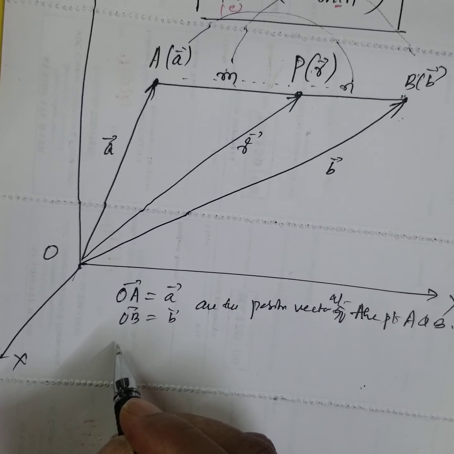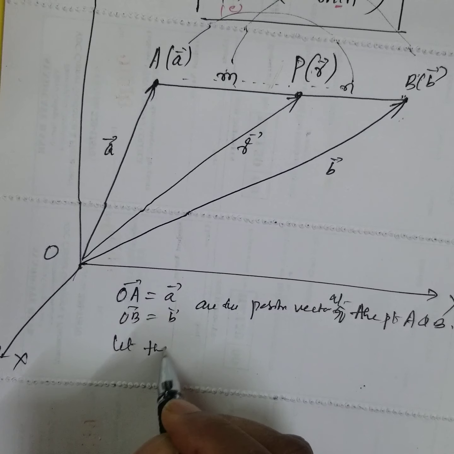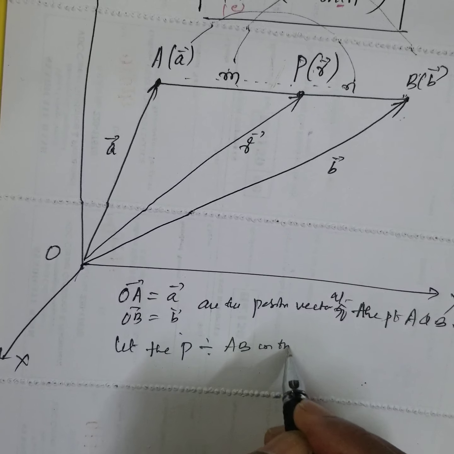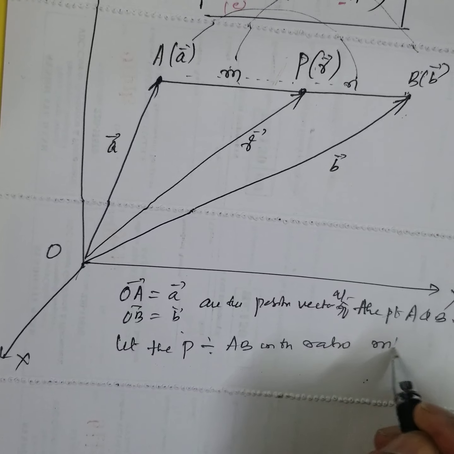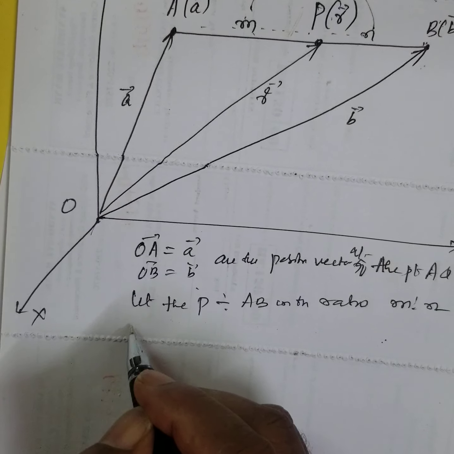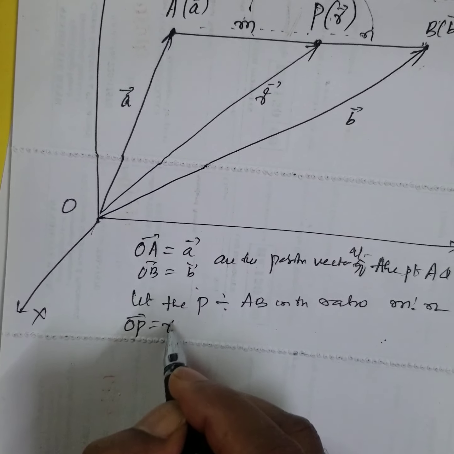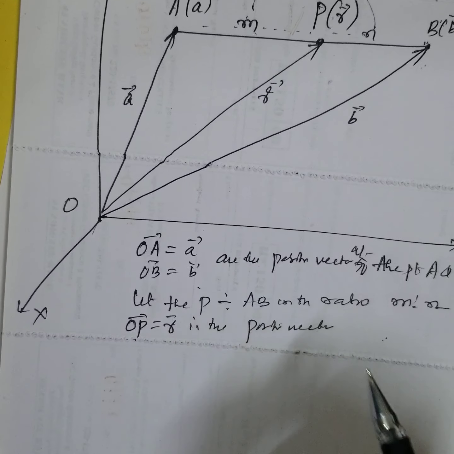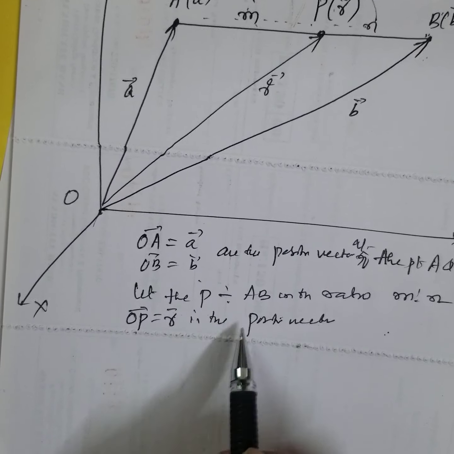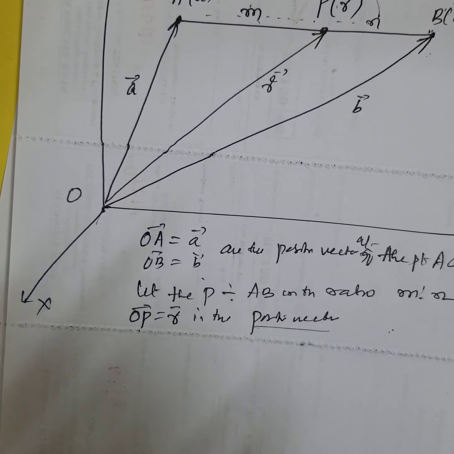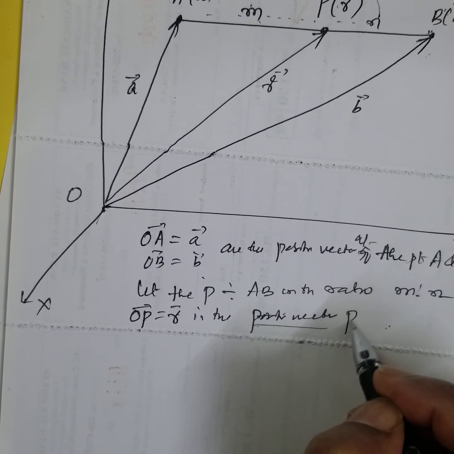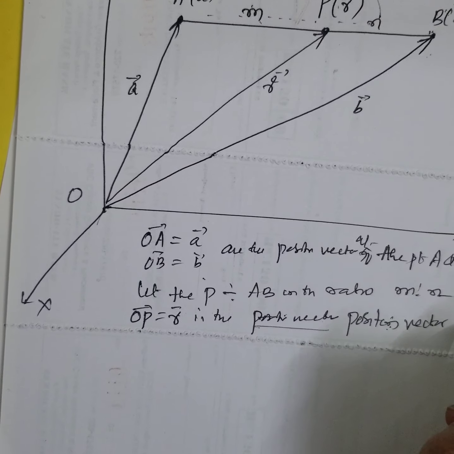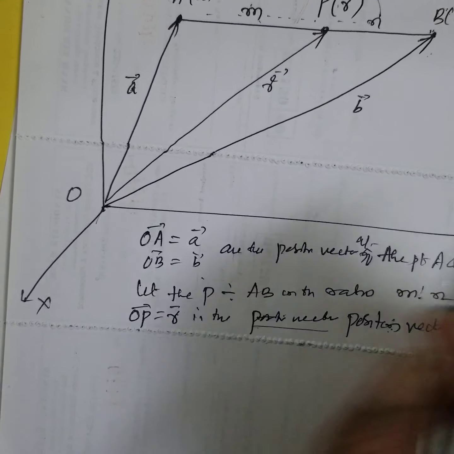Let the point P divide AB in the ratio M is to N, and OP is equal to R, the position vector of P. I am not writing in very good handwriting, but in the examination you have to write in clear handwriting.